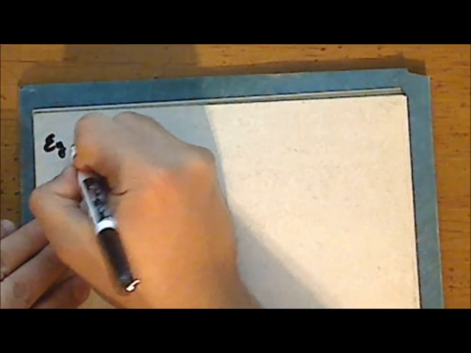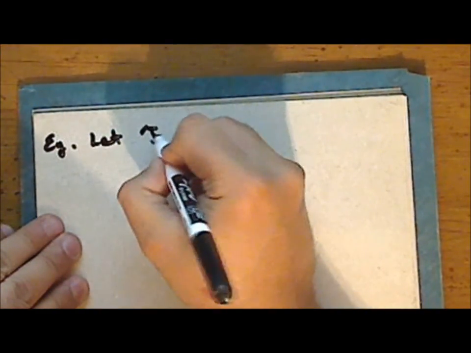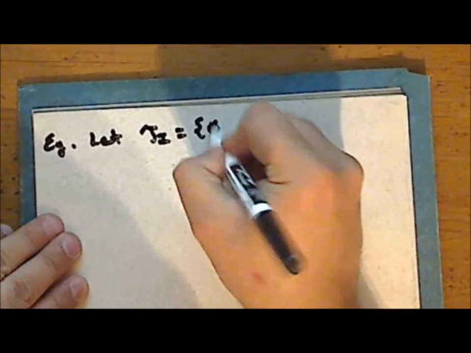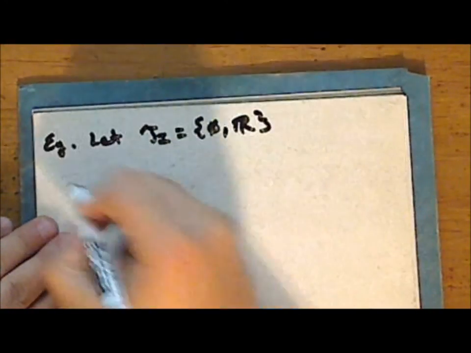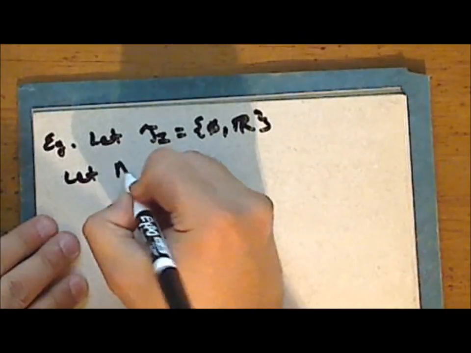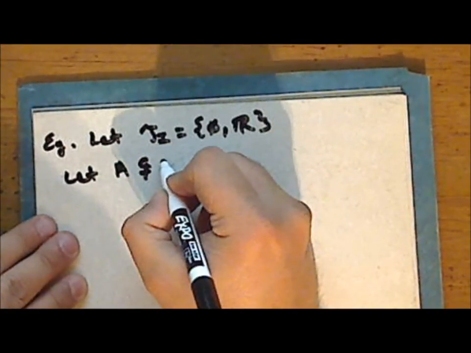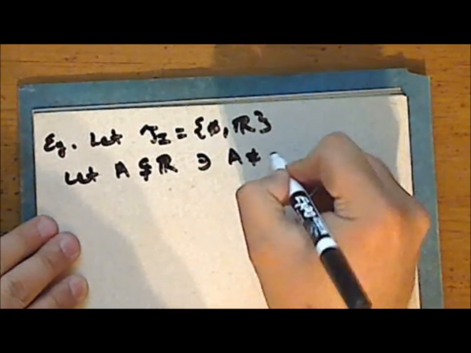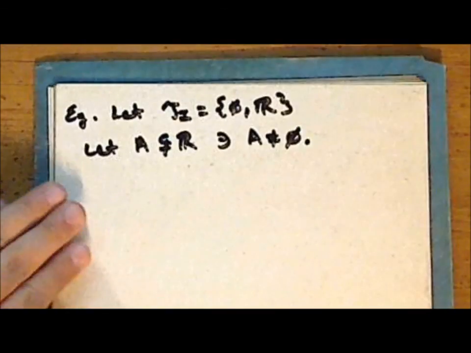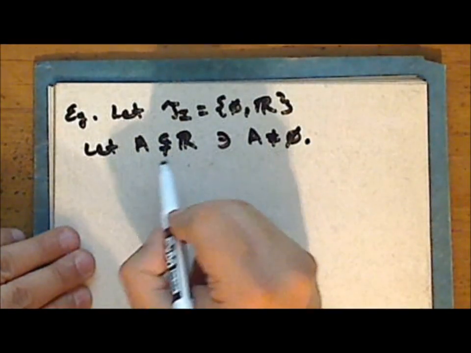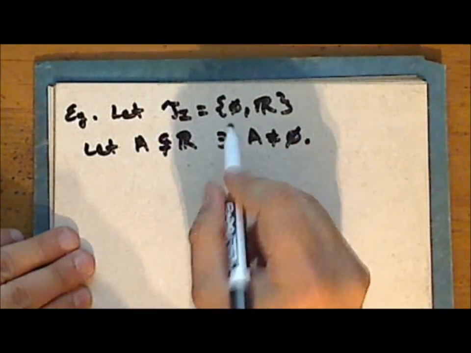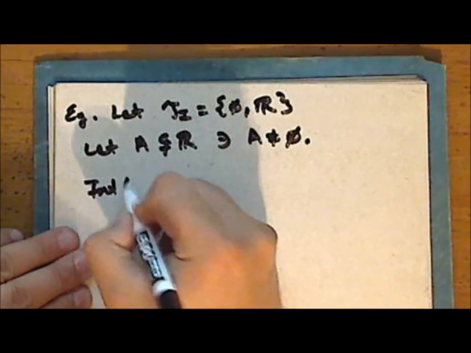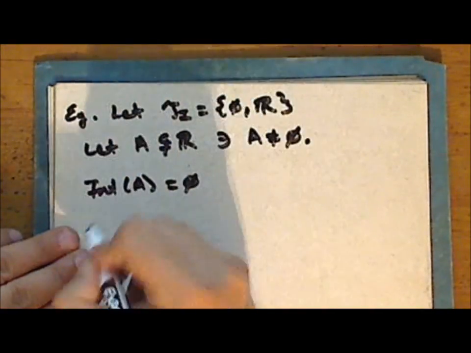Now, this is not a unique condition for this particular interval. Once again, let T sub I be the indiscrete or trivial topology on the set of reals. And let the set A be a non-empty proper subset of the set of reals. The only open set contained in this set is the empty set, and so the interior of the set A is the empty set.